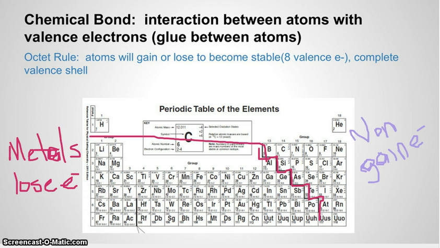And we know that electronegativity is just a measurement to say how badly or how easily they can gain electrons. And we know that nonmetals, our trend is as we go left to right across the table, that electronegativity increases. So our nonmetals gain electrons to be like a noble gas and get that stable octet. Metals will lose electrons to get that full, complete valence shell, like the noble gases.